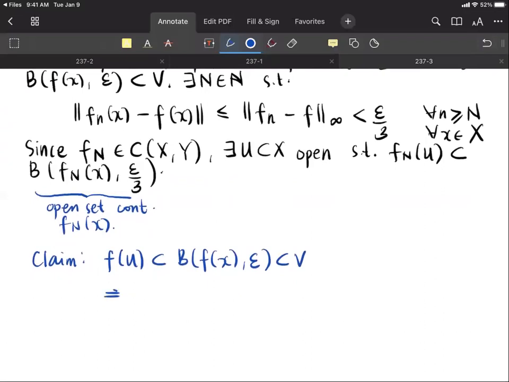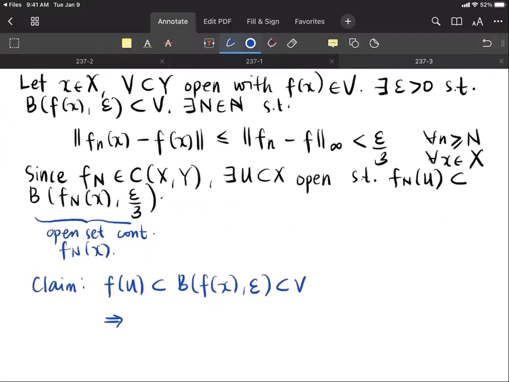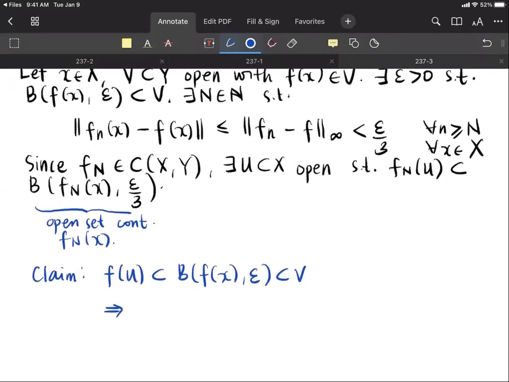Since we have found an open set, in this case U, that contains x and the image of U under f is contained in the open set V of the image f of x, then this implies that f is continuous at x. Okay.